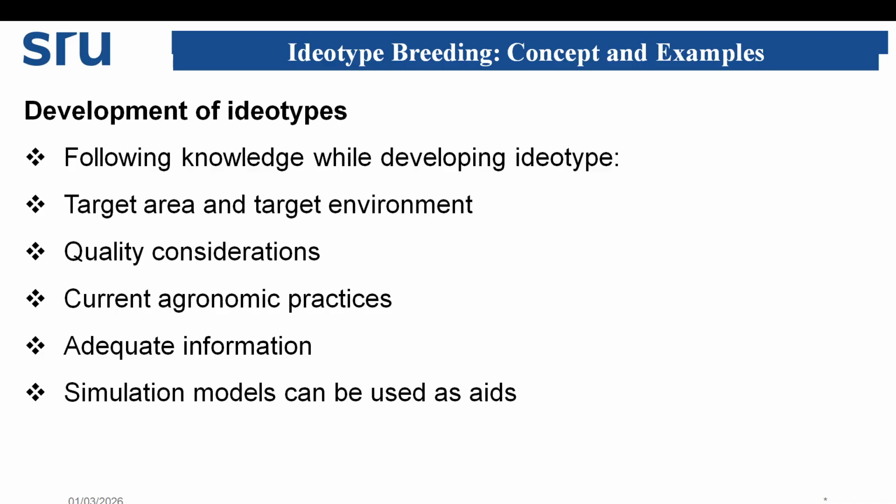Next, quality consideration. You should have an idea about the current agronomic practices, and adequate information and simulation models can be used as helping aids. So these four or five points you should consider before development of an ideotype.